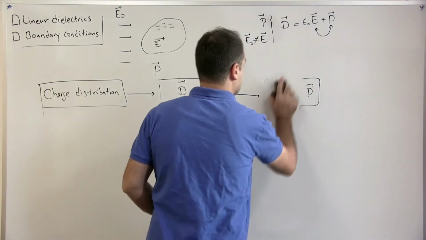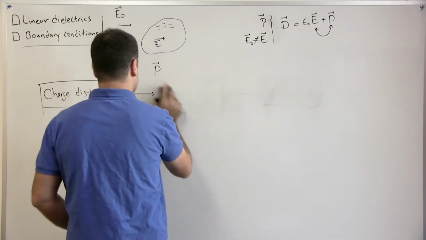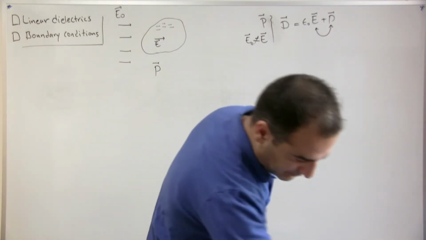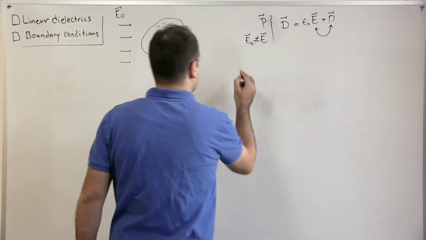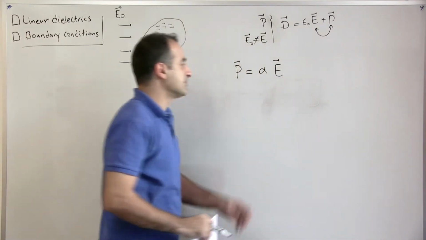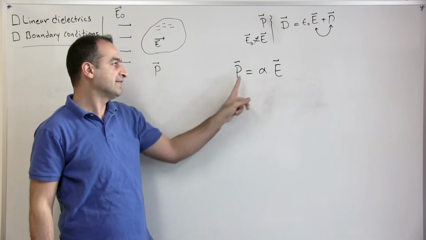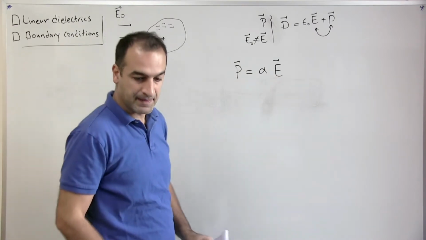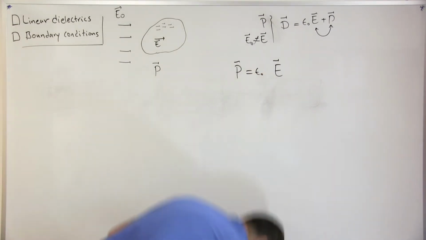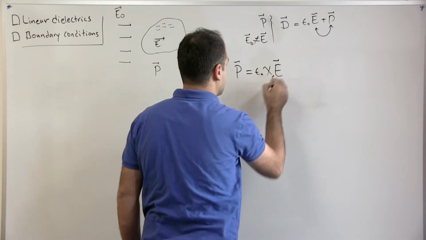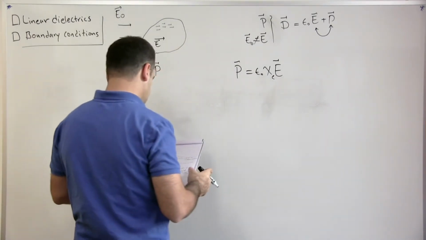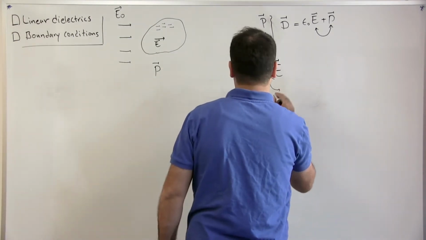So for that I'm going to get rid of this part. The relation between polarization P and electric field, if we say it's linearly proportional to the electric field, we mean something like this: whatever electric field we have, the polarization is, let's say, alpha times E. And for alpha, the convention is that we define it as epsilon 0 times chi E. Epsilon 0 is the usual factor, the permittivity of the vacuum, the permittivity of free space, and chi is defined as the electric susceptibility of this material.